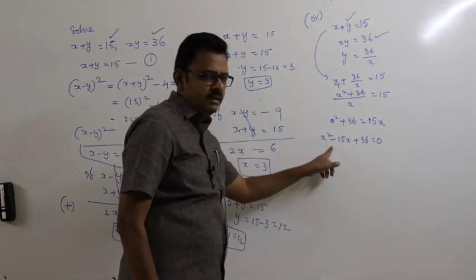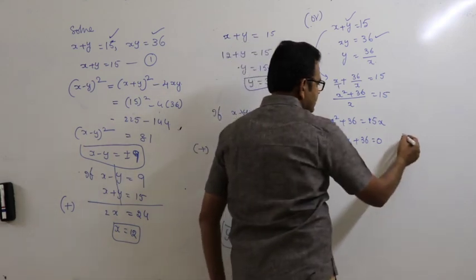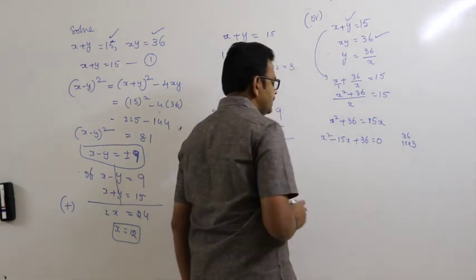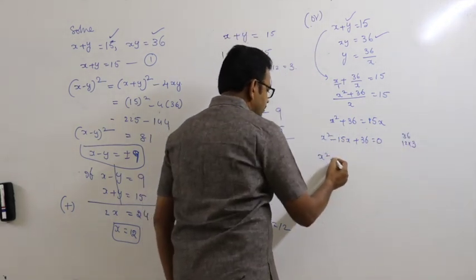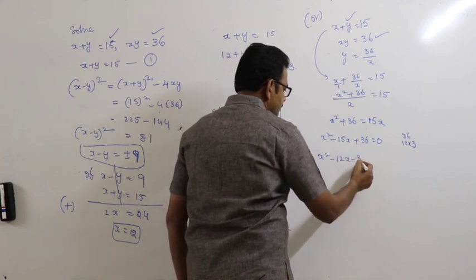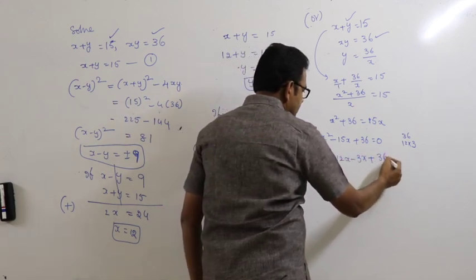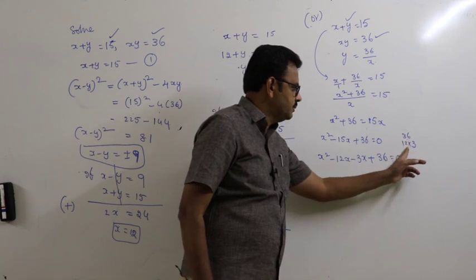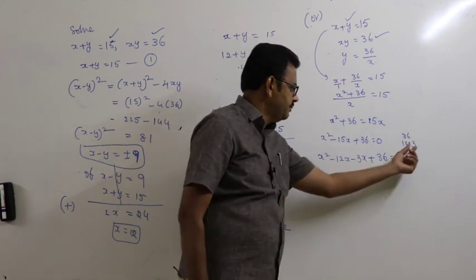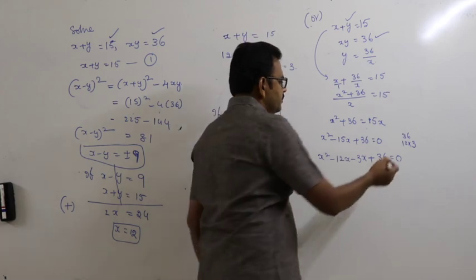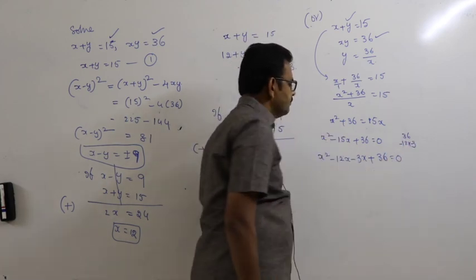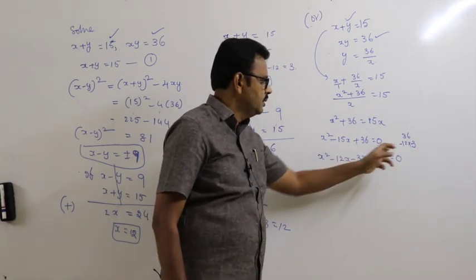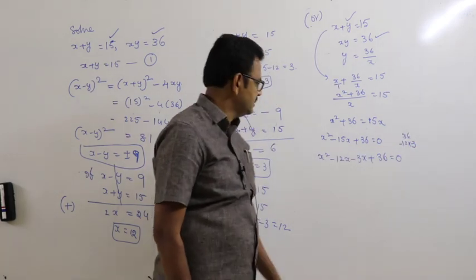Now, I think you know the factorization. 36 factors: 12 into 3, and 12 plus 3 is 15. So x square minus 12x minus 3x plus 36 is equal to 0. Product of the two numbers is 36 and the sum of the two numbers is 15, so you put minus and minus: the sum of the two factors is minus 12 minus 3, minus 15, and the product of the two factors is 36.